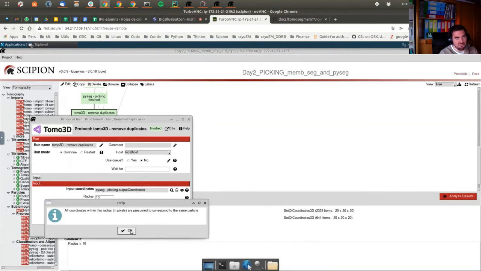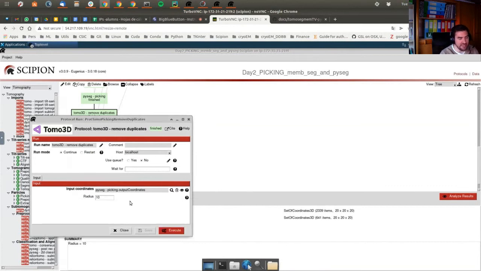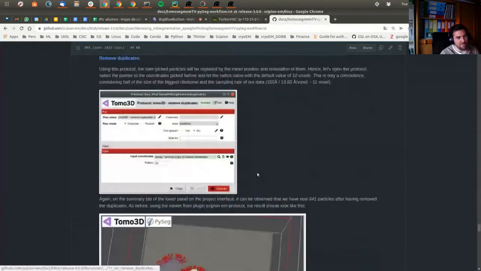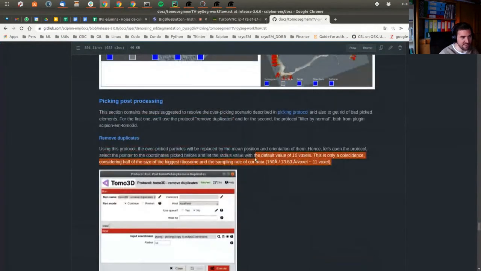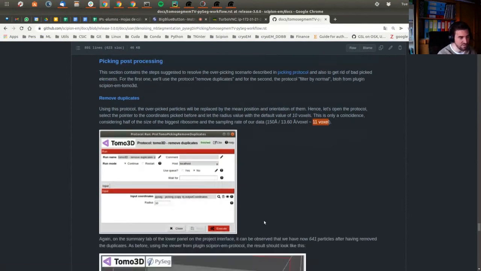The discussion was made here: if we consider the middle of the ribosome and the biggest size, which is 300 Angstrom, and divide it by the voxel size, it is more or less 11 voxels. I use 10 voxels, up or down it's okay, but it gives a reference distance to apply.